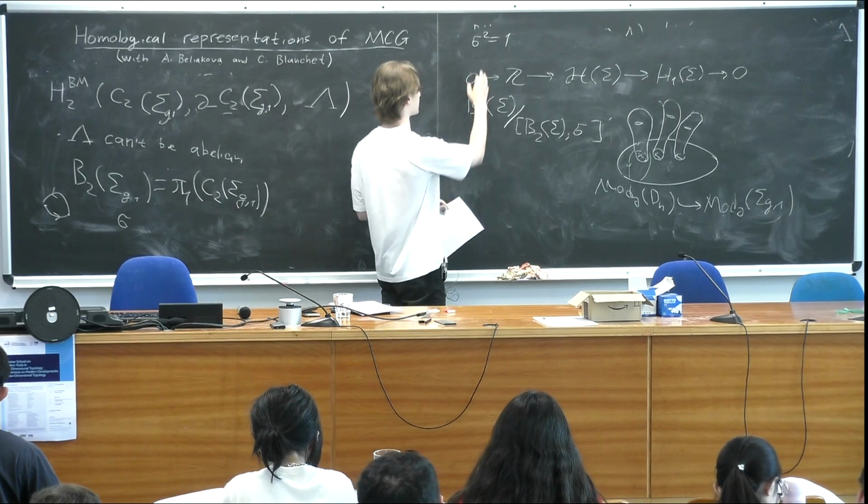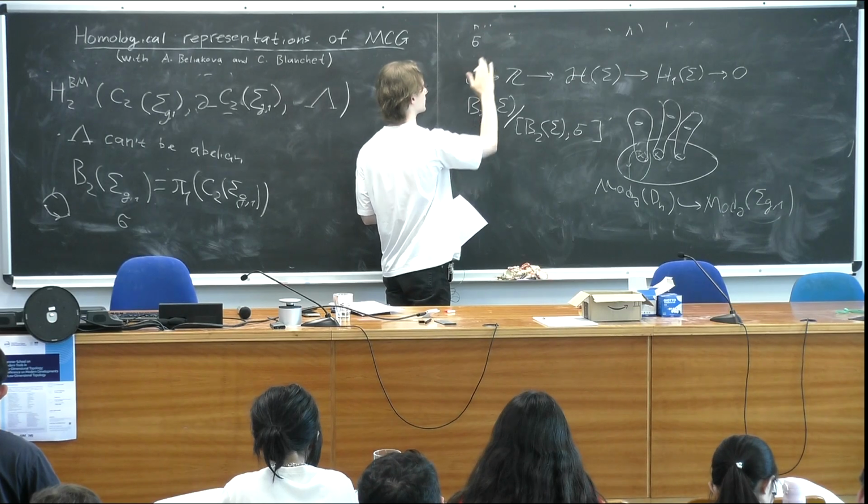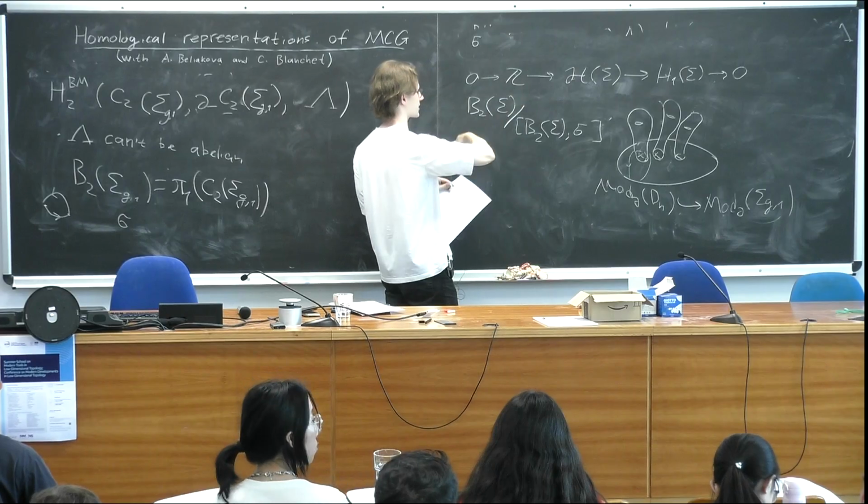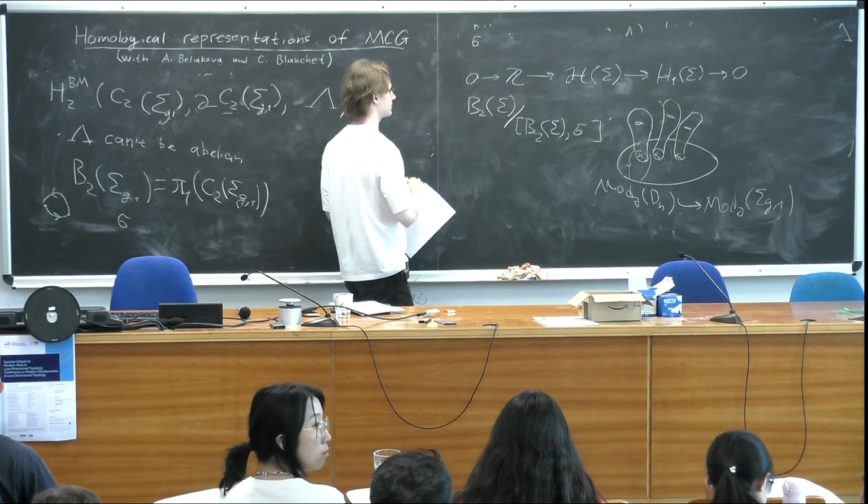So in this case, sigma square is not necessarily 1, so we have the whole center corresponding to all powers of sigma.